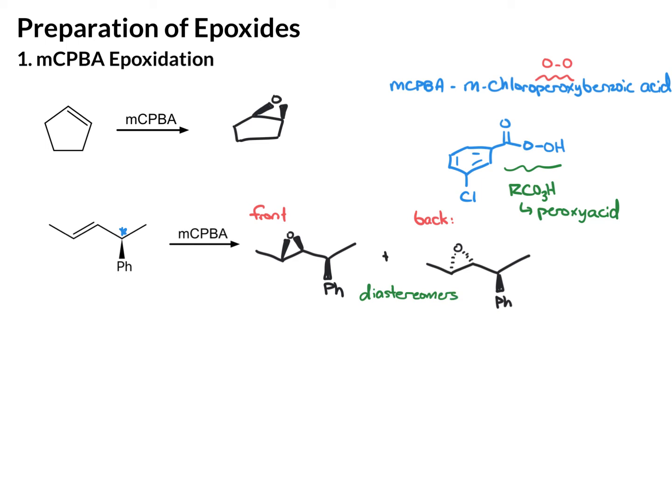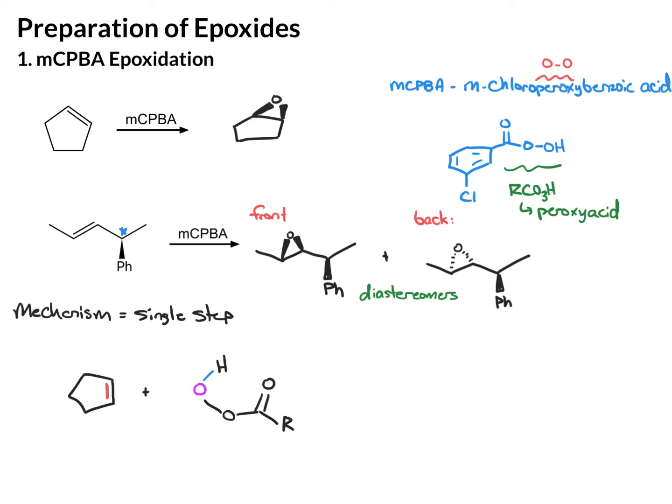The mechanism for this reaction is actually a single step. So I'm going to draw my alkene and a peroxy acid, and then we'll see how they react. Okay, so here's the alkene. Here is the peroxy acid.